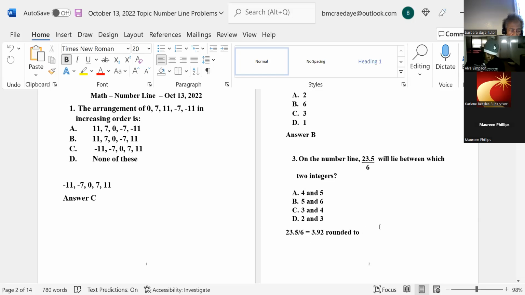So if you round it to the ones place, what does that number become? A 4. Very good, Maureen. Now, so we know 3.92 is less than 4 and greater than 3. So the answer, Maureen, is what? C.